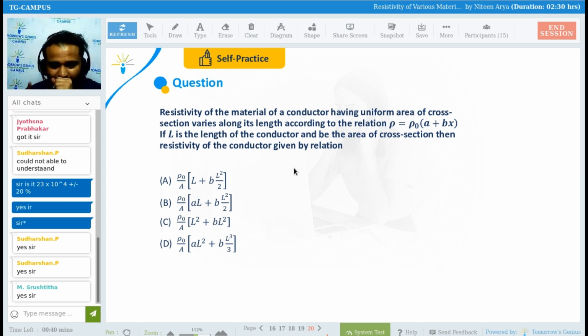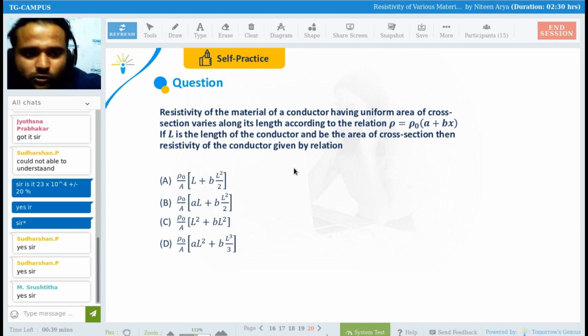One thing, try to solve it out, because I gave you the relation for non-uniform length also in the first class, if I'm not wrong, right? You remember in the Ohm's law class, V equals IR.